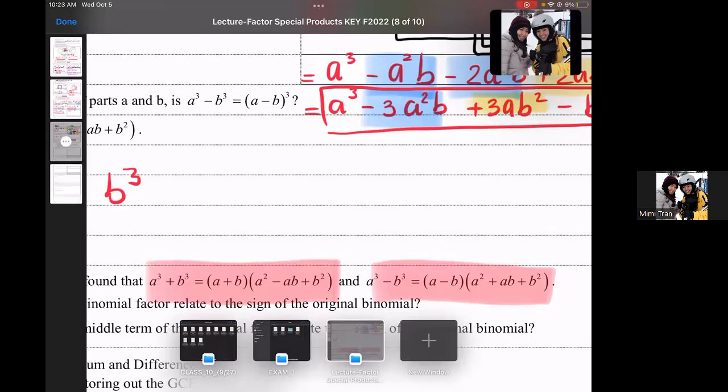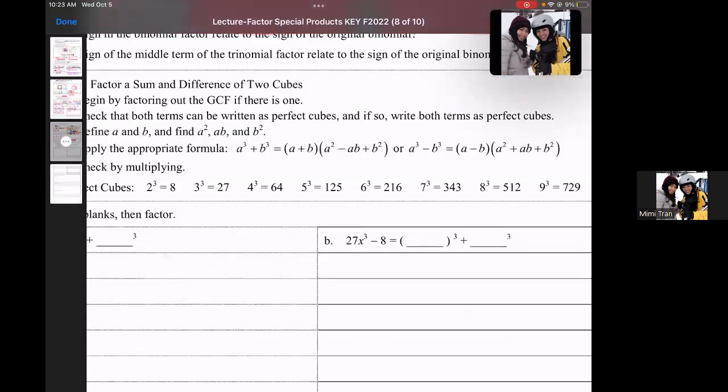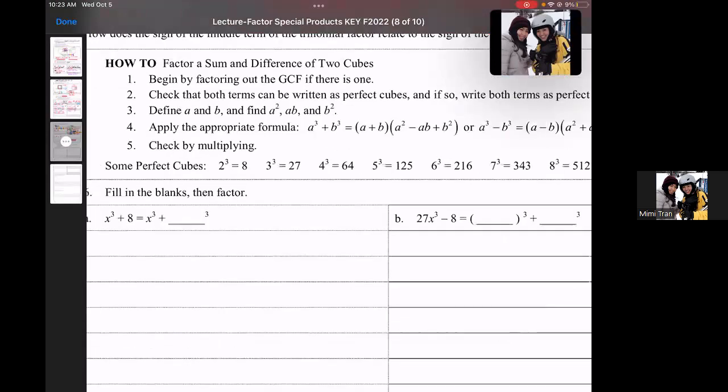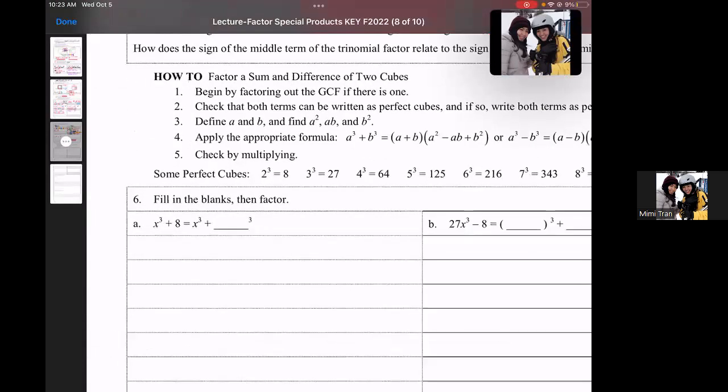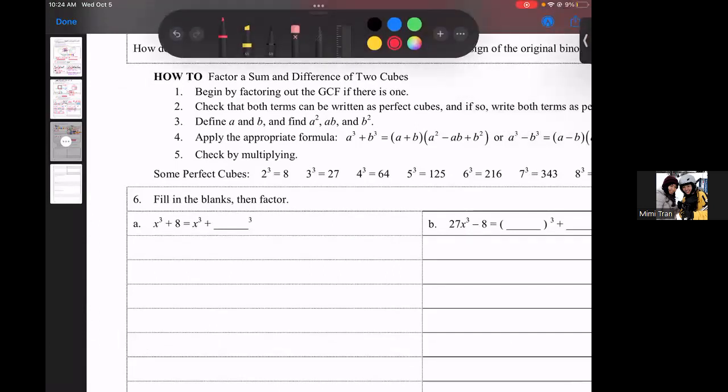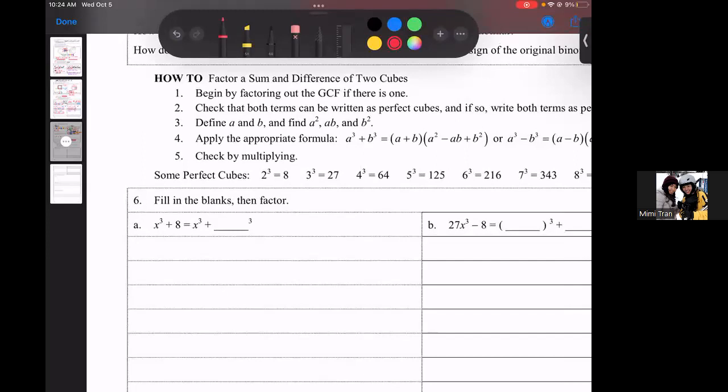Let's do one more and I'll let you go. Oh, two more, see how fast we do. Fill in the blank: x cubed plus 8 is the same thing as x cubed plus what cubed? Give me a 2 cubed, thank you. This is a sum of 2 cubed, the binomial and trinomial.